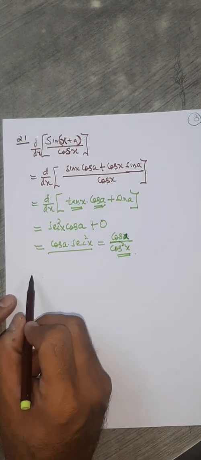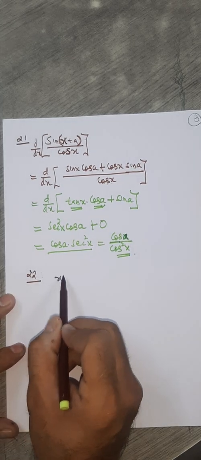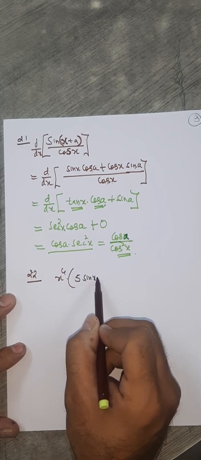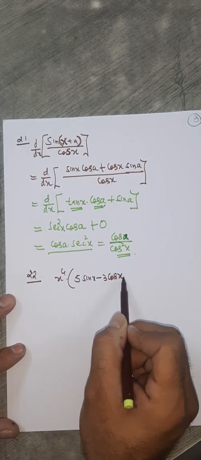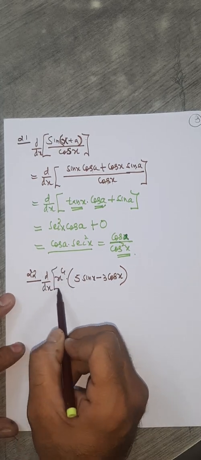22, you can have just product rule. X raised to 4 into 5 sin x minus 3 cos x. We use product rule here. D by dx of this one.